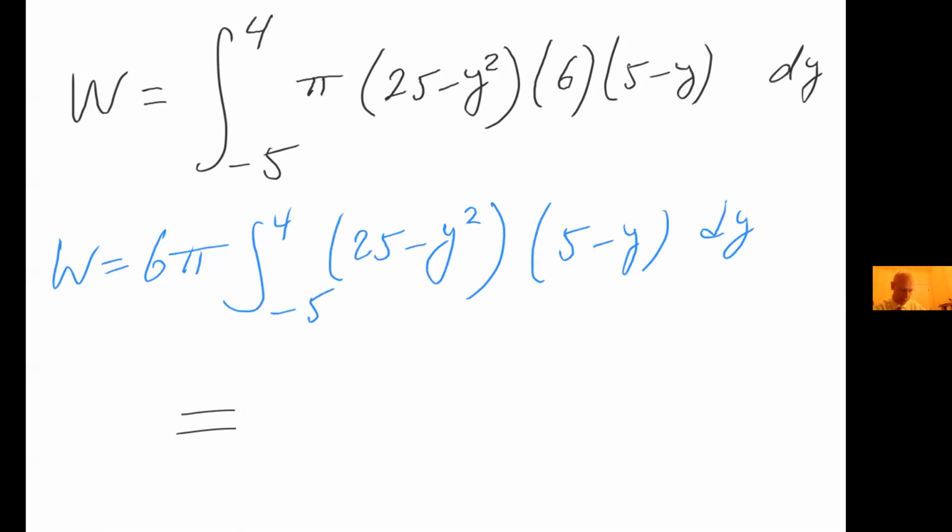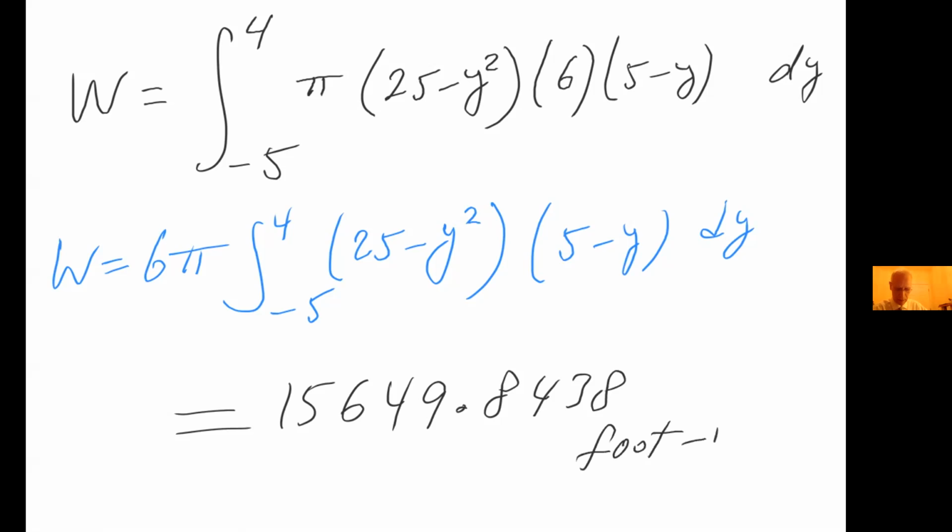According to my calculator, 15649.8438. That's good enough. So 15,649.8438 foot-pounds is the work required to empty the grain from the top of this container.